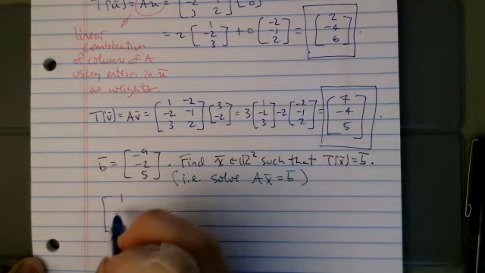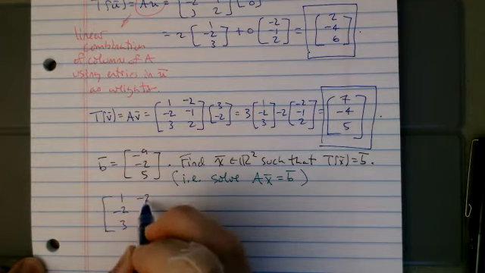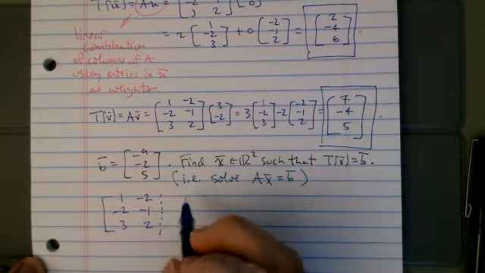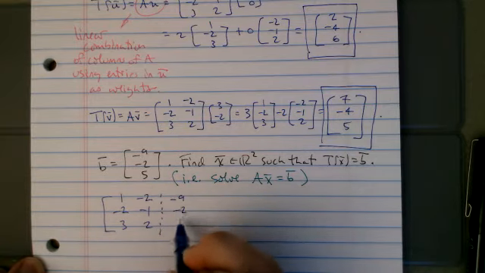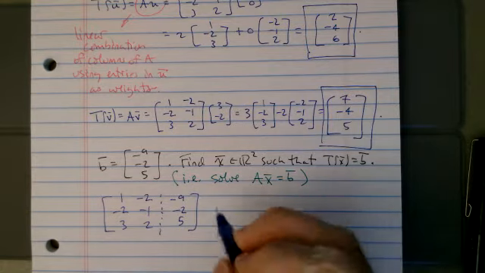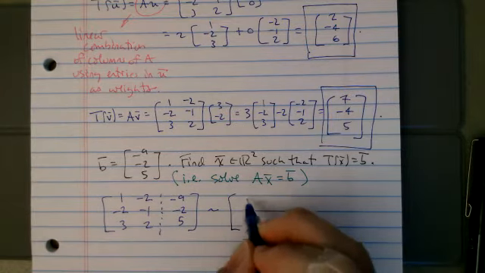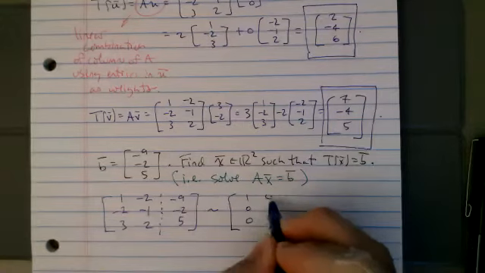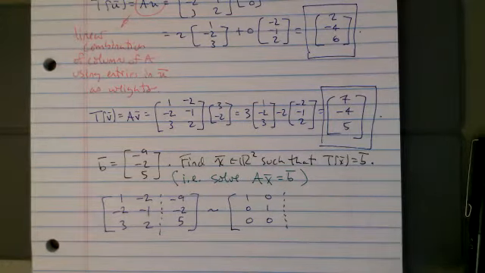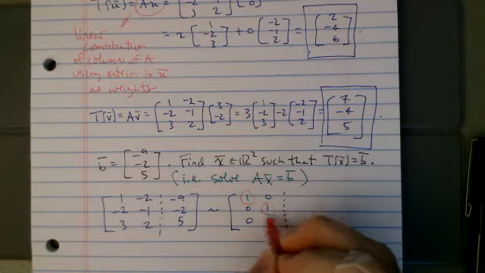So I'll go 1, negative 2, 3, negative 2, negative 1, 2, and I'll make an augmented matrix with negative 9, negative 2, 5. So now I'm looking at an augmented matrix. I need its reduced echelon form. I know the first 2 columns of the reduced echelon form are going to be 1, 0, 0 and 0, 1, 0. I know that I have pivots there.